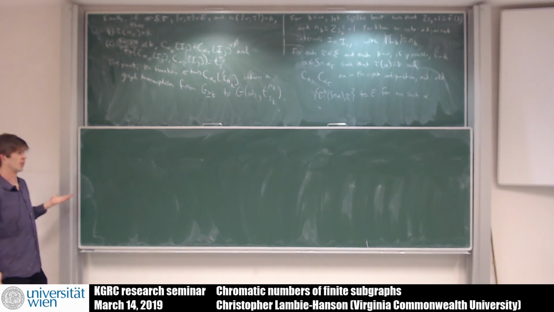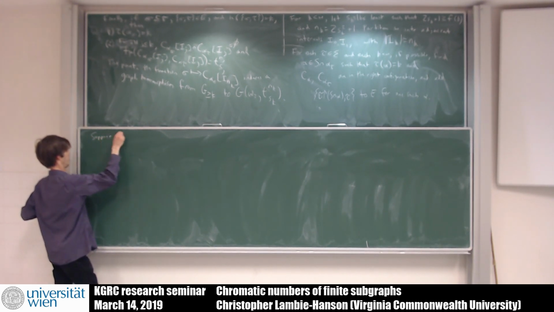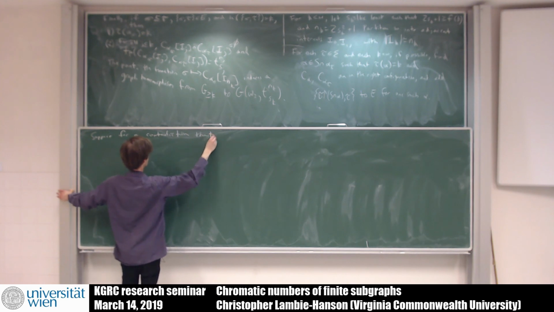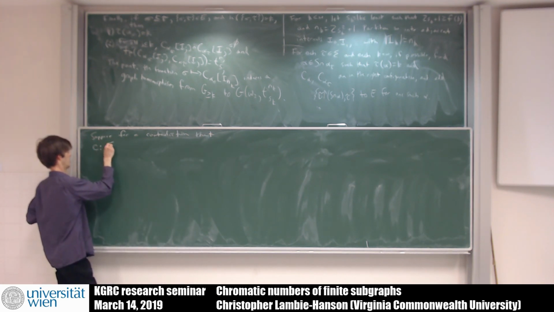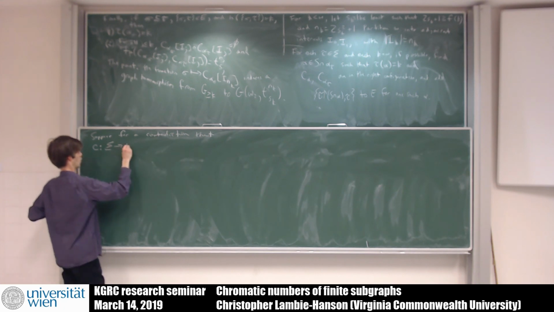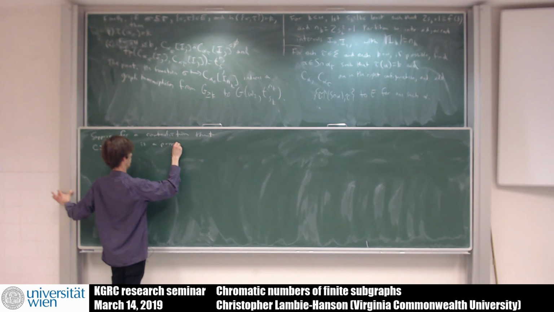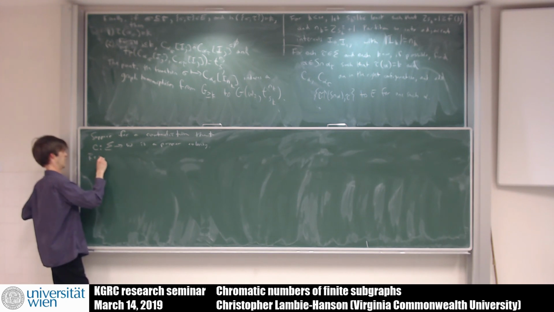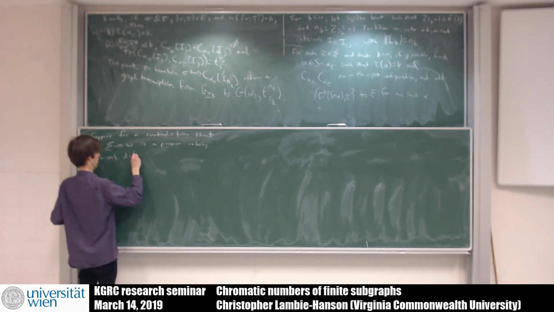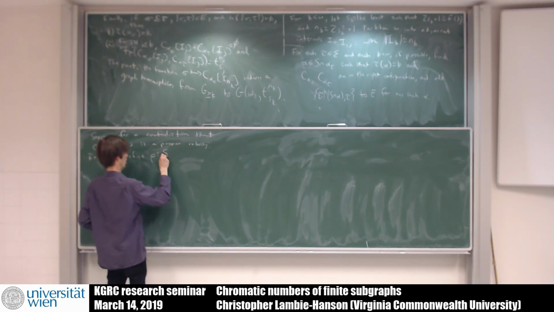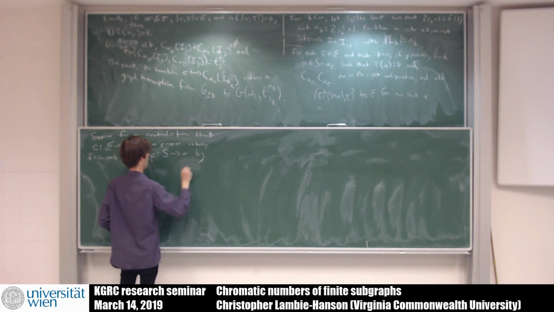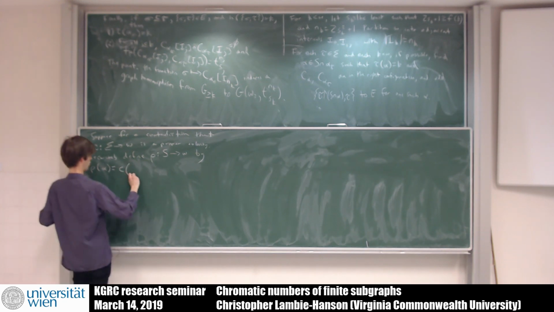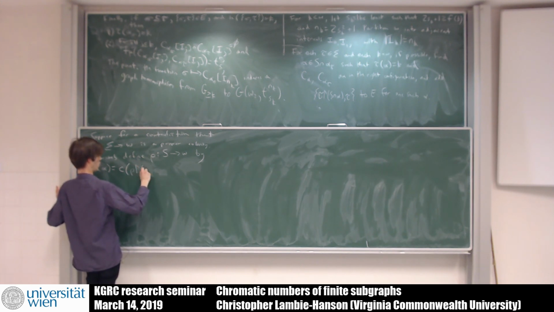Okay, so we have to prove that it's uncountable. Suppose, for a contradiction, that we have a proper coloring C from the vertex set to omega, a proper coloring of G. I want to recursively define a function rho from S to omega by letting rho of alpha be C of rho restricted to S intersected with alpha.